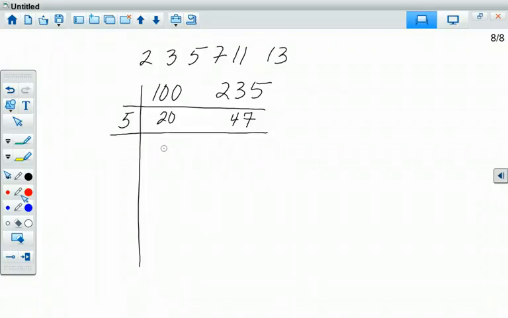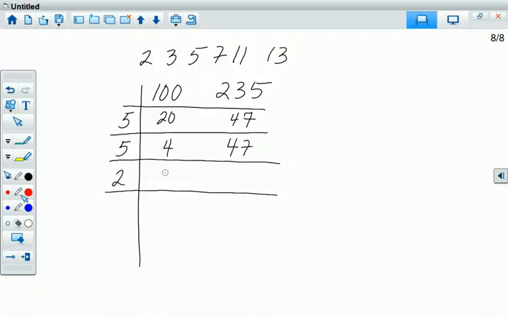That'll give me a 4 and a 47, and then 2 will give me a 2 and a 47, and then 2 will give me a 1 and a 47. 47 is not looking too good because I don't know if anything's divisible into 47. 47 may be a prime number.